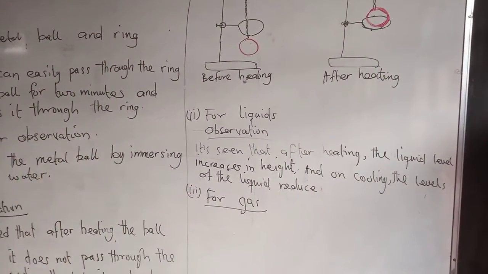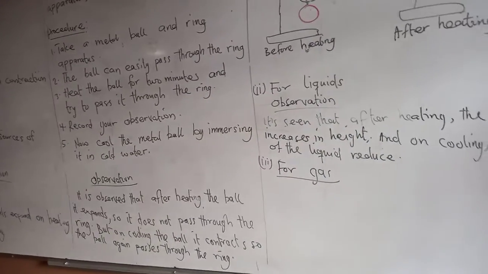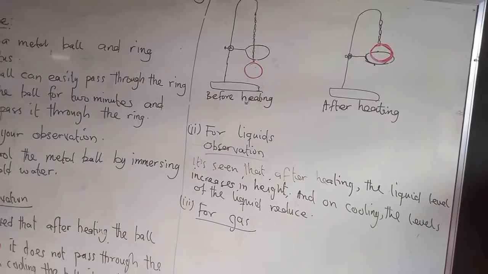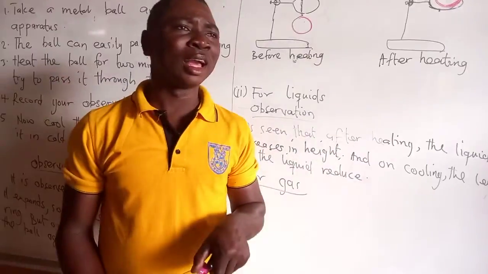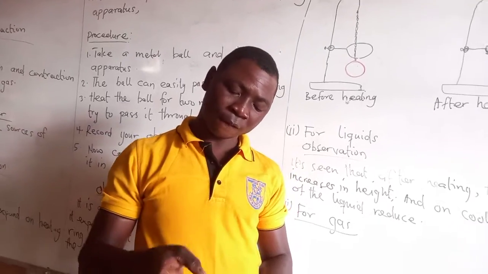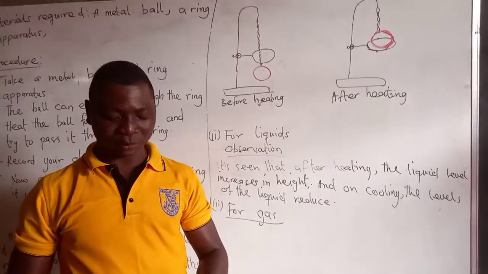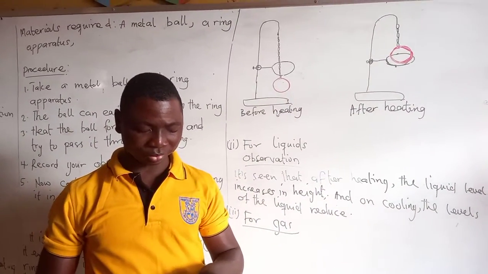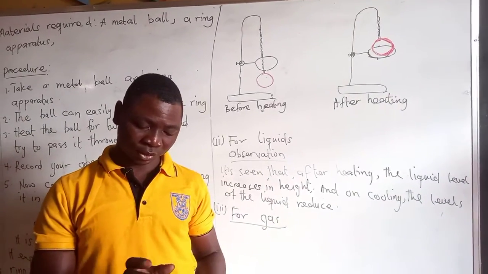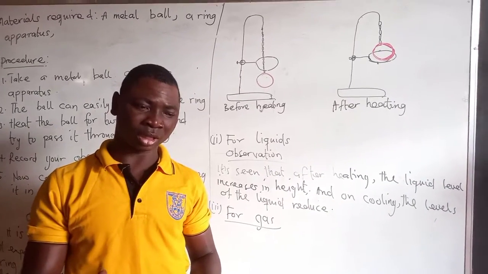In gas, I want us to get the same kind of bottle. Get a bottle like this. Get a deflated balloon and fix it on this container. After fixing the balloon on the bottle, deflated, don't make it big, let it be as normal.